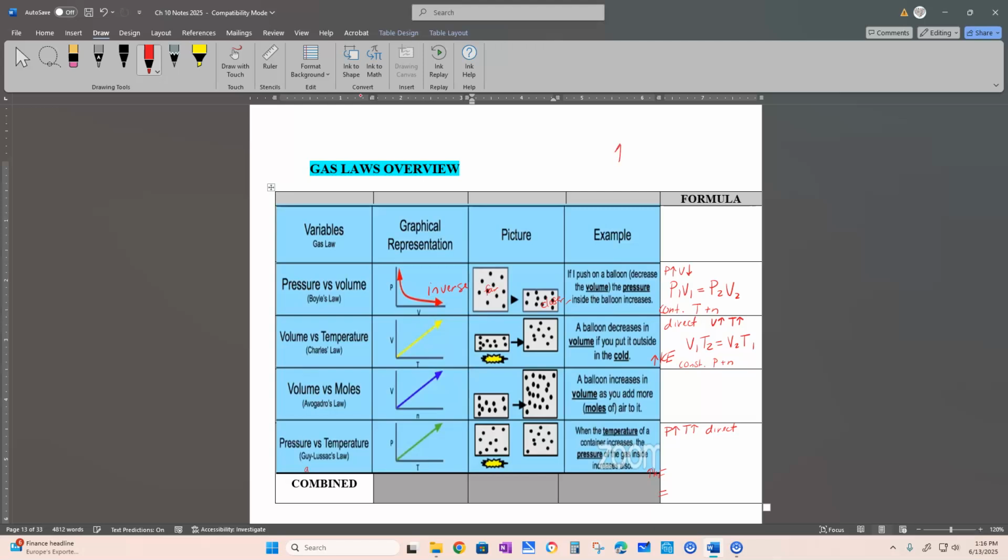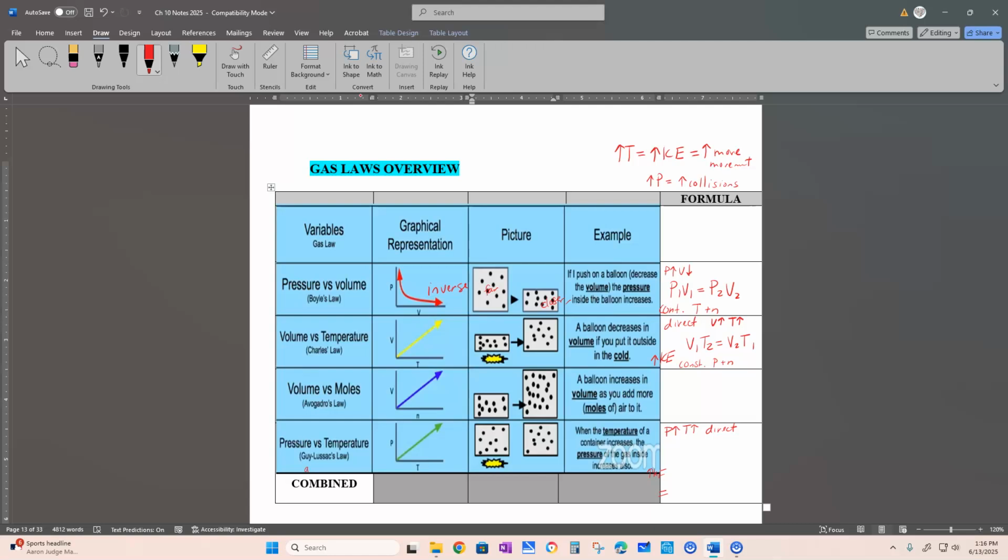So let's write that up here instead. When you increase temperature, you will get more movement, and with that more movement can create more collisions. Okay? So when you increase that pressure, you will get more collisions, not just with the walls, but also with the container.